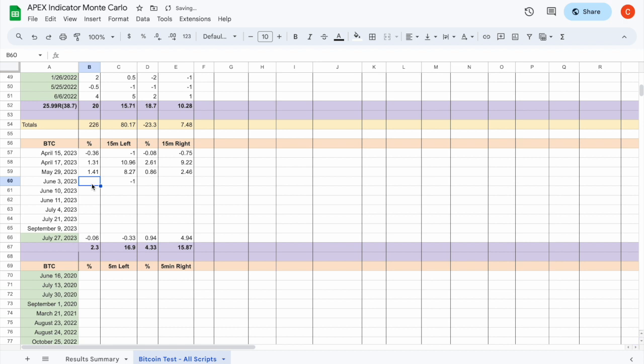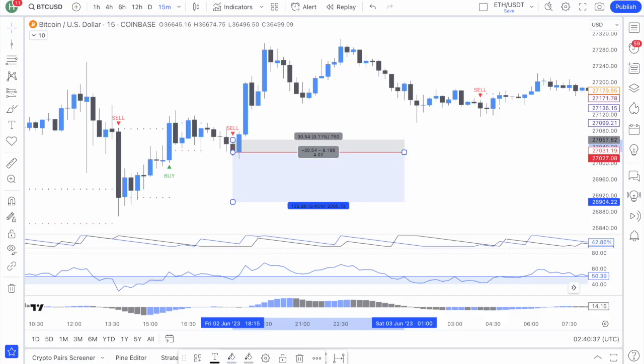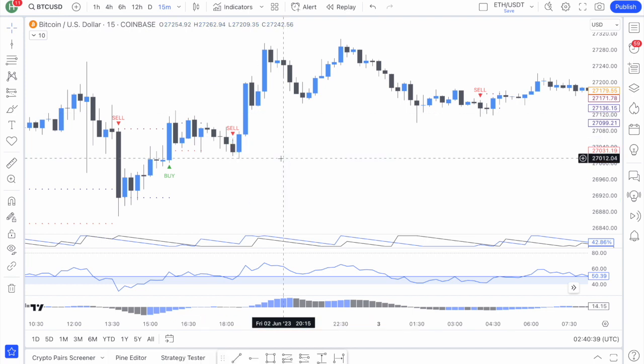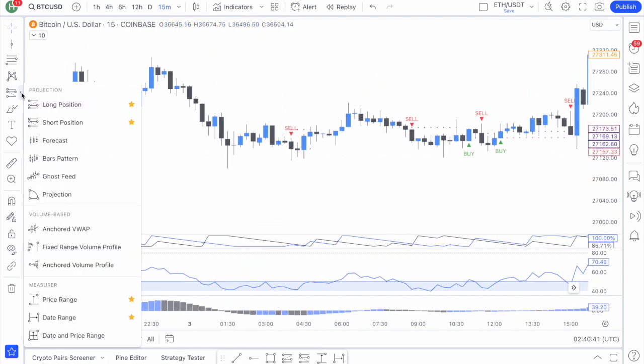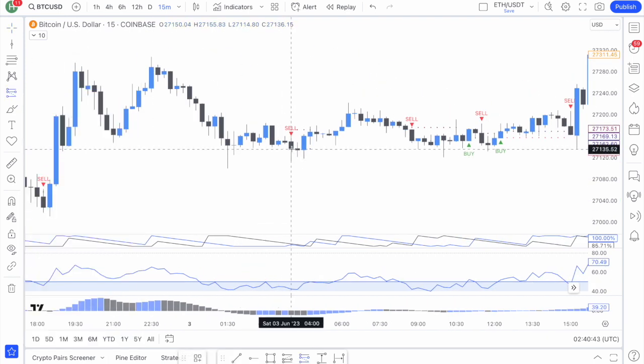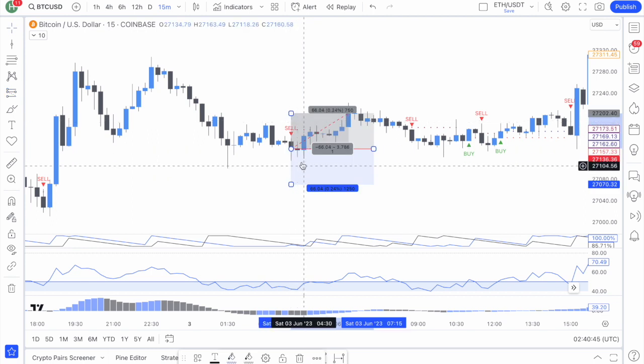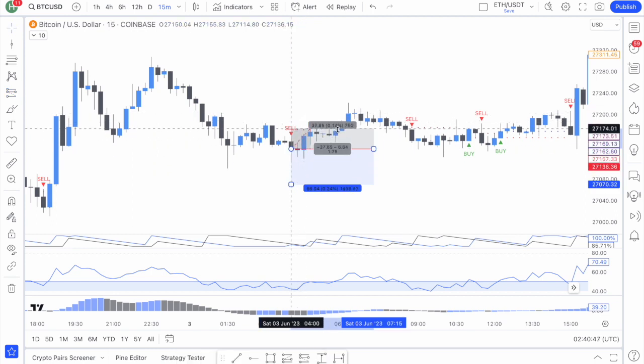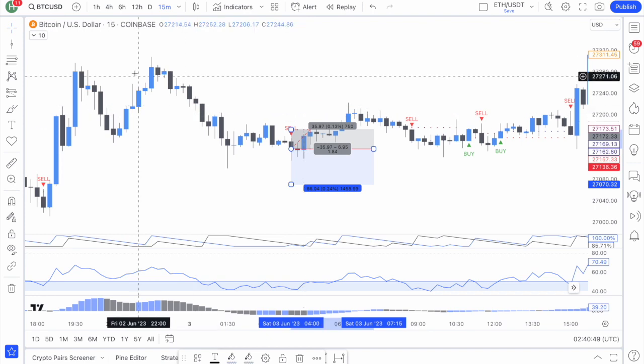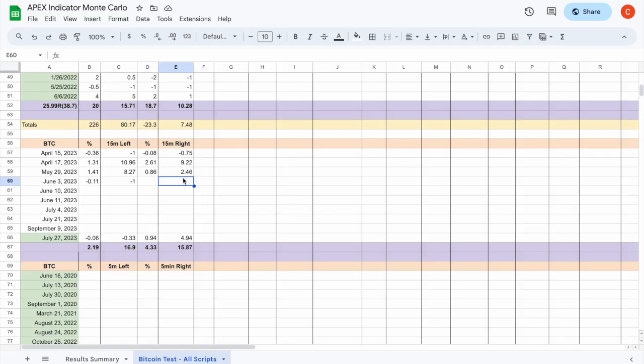And then the right one will also be a stop out, I believe. Yes. And so that would have been -1 at -0.13. So double duds.